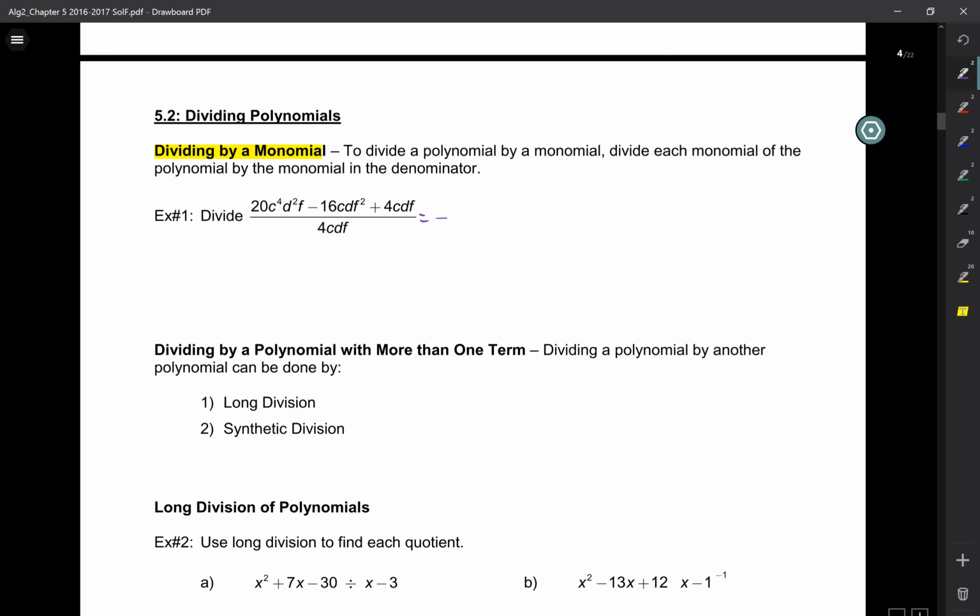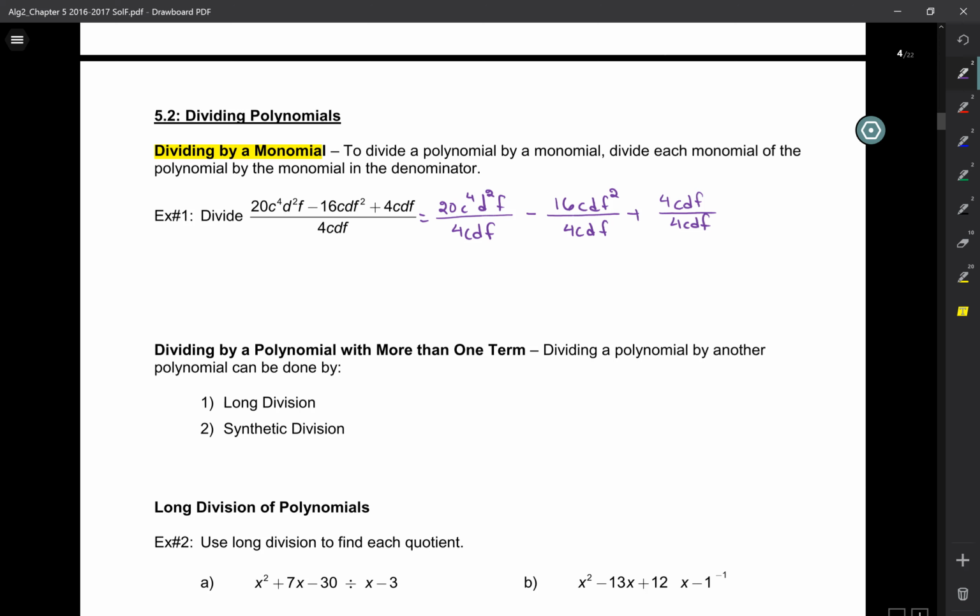So the first fraction is going to be 20 c to the 4 d squared f over 4 cdf. Now the next one has a negative in front, so we say minus, and the fraction bar, 16 cdf squared over the same denominator, and then plus 4 cdf over the same denominator.